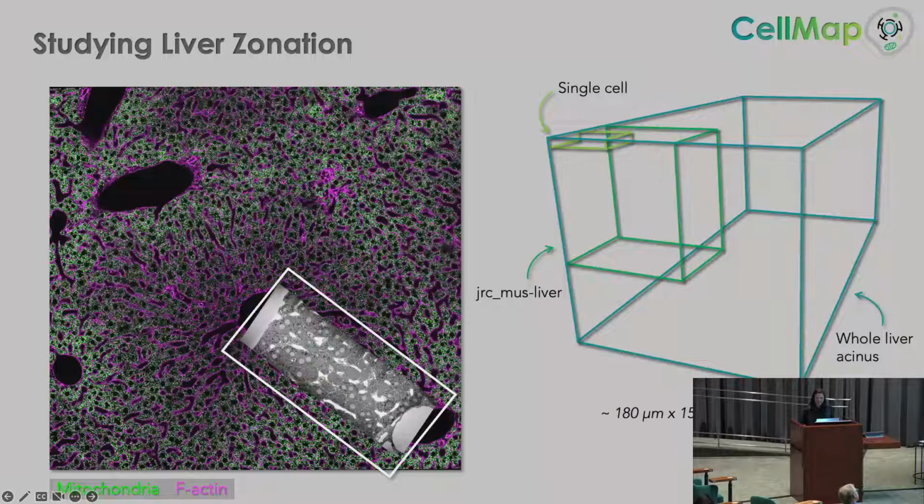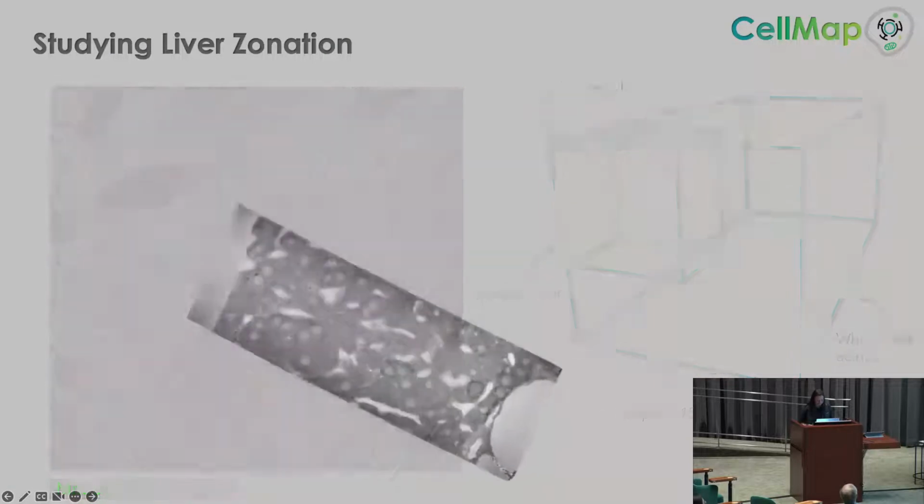And for the reference of size, again, so you can appreciate the scaling that's going on here, you can see the single cell data sets that I was showing at the beginning of the talk in the small green box at the top. Then the green box is that 100 cubic micron box that I was showing before. And now the whole liver acinus that we're excited to start working with Daniel on.